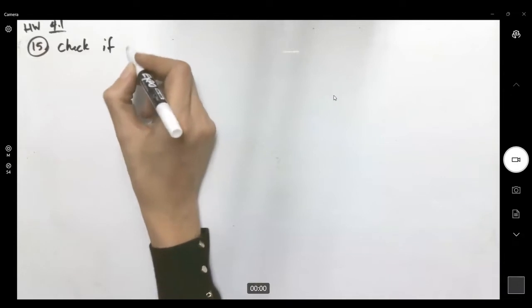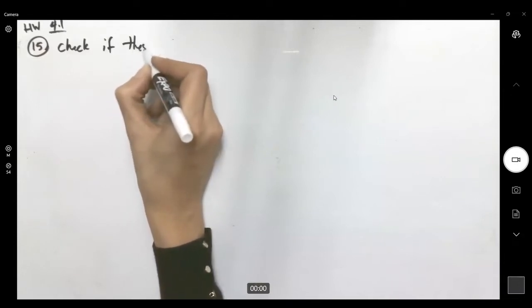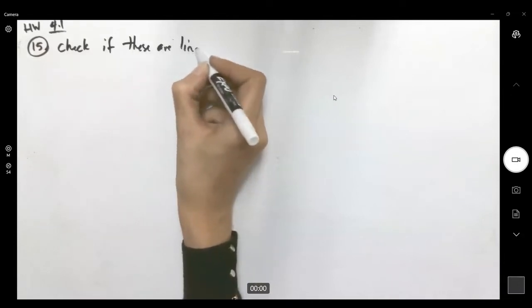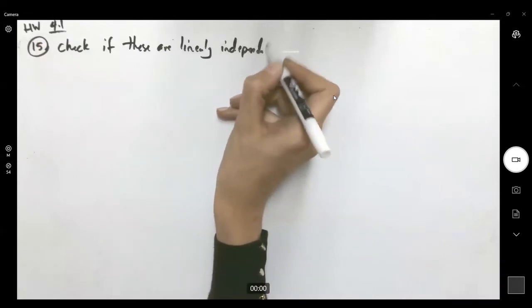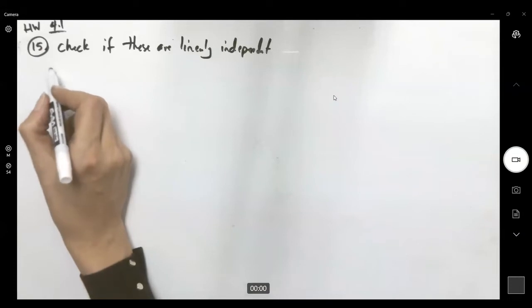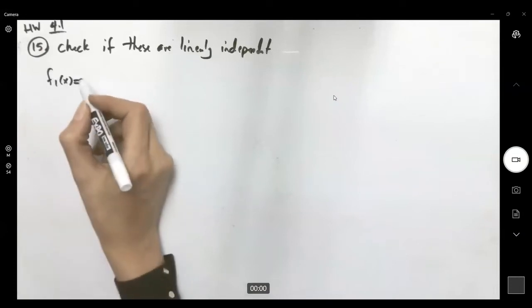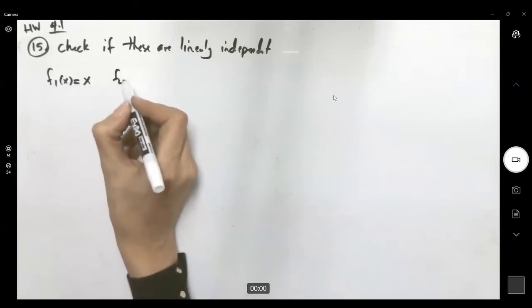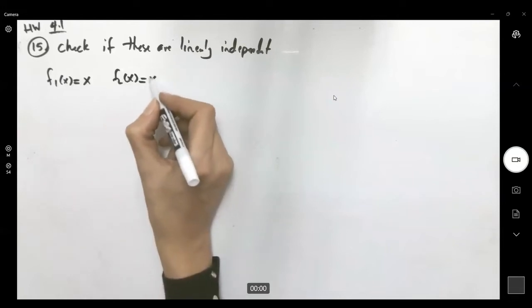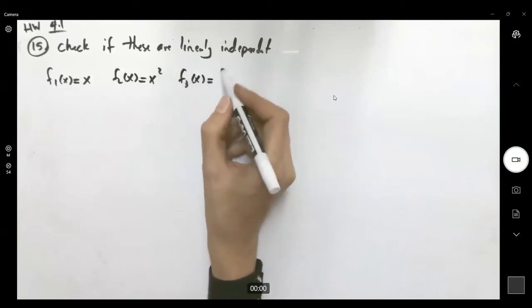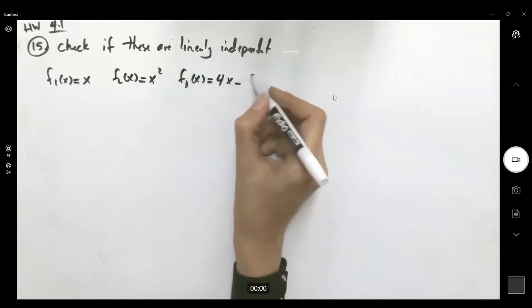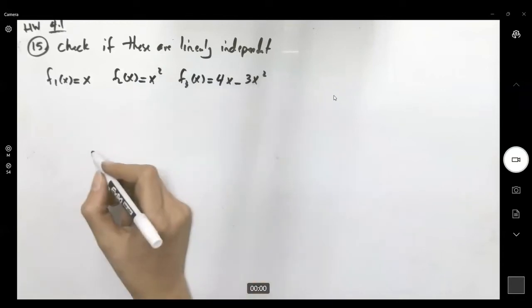Check if these are linearly independent. So f1 is equal to x, f2 is equal to x squared, and f sub 3 is equal to 4x minus 3x squared. Very good.